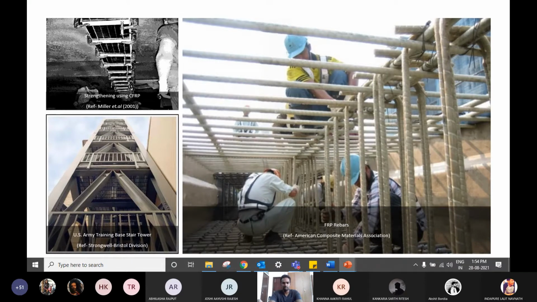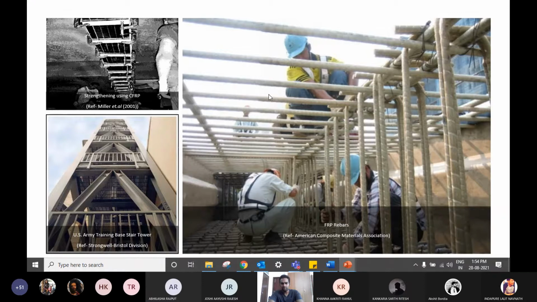Because whatever you add to the structure needs to be carried down to the bottom. So your entire structural path is loaded more, and it could occupy more headspace also. So strengthening using CFRP is one of the most sought-after procedures happening right now.